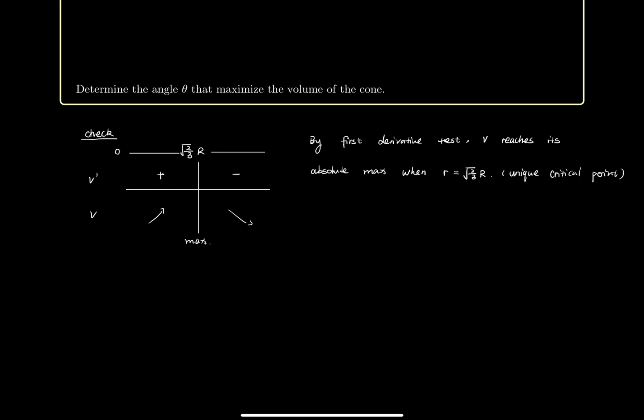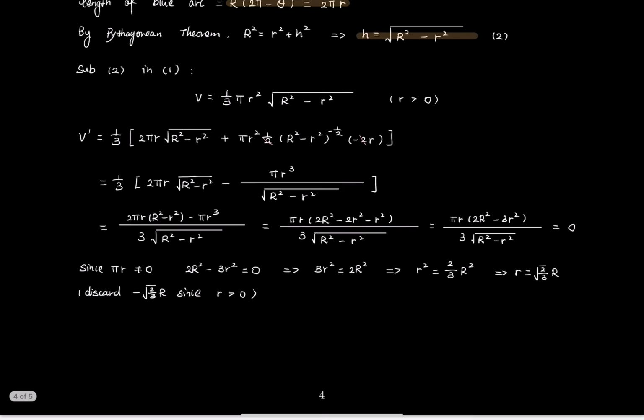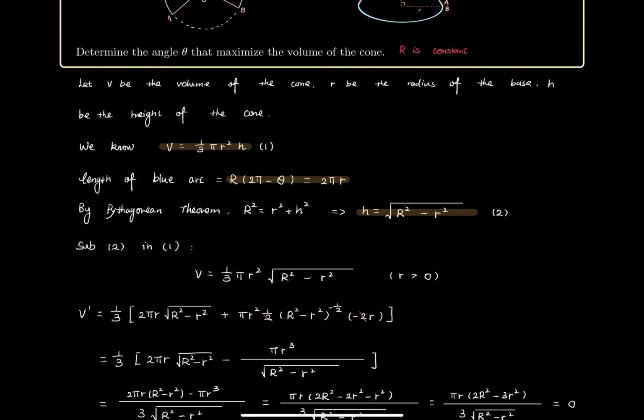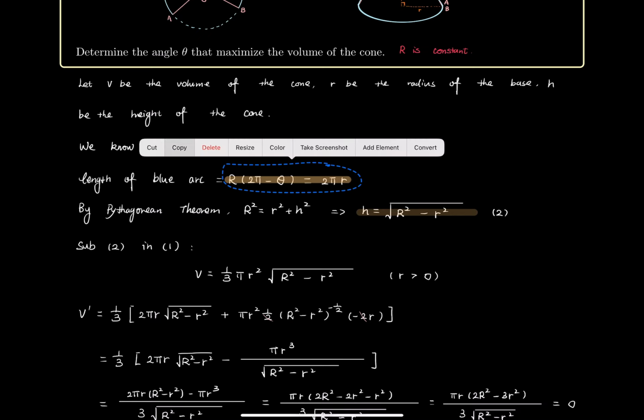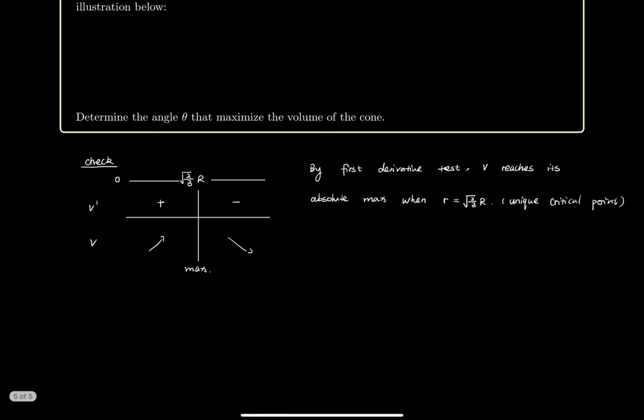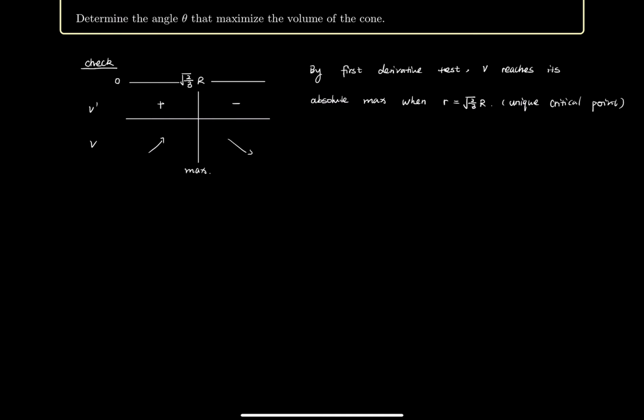But also we need to figure out what my theta is, so let's use what I have before, which is this equation that involves theta. So let's copy it down here. We know this, right?